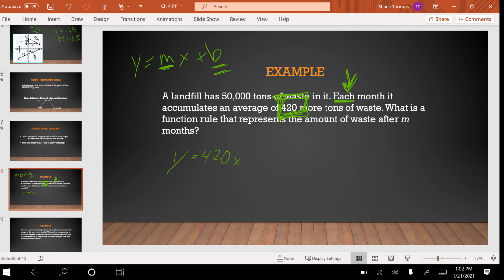Then the other number is just 50,000, isn't it? Is that a positive 50,000 or a negative 50,000? Positive. It doesn't make sense to have negative landfill weight, does it? No. Boom, right there's my equation that models that situation.